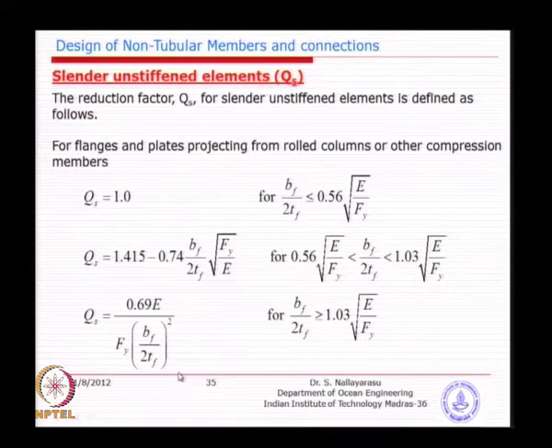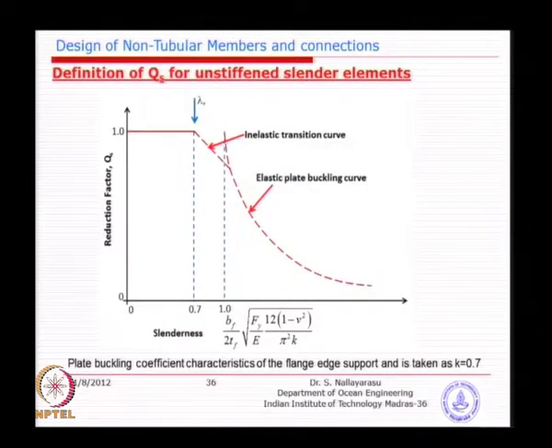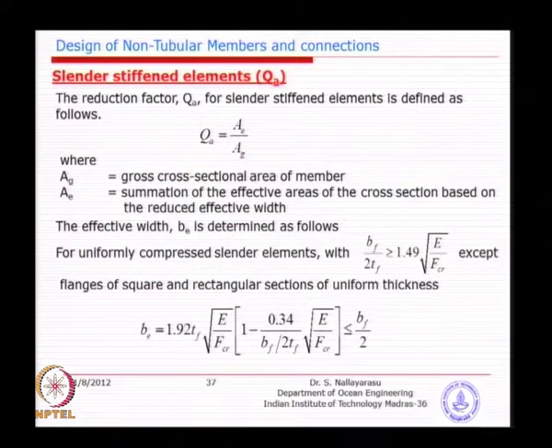Q values have to be calculated whenever you have slender elements, especially the flange, and they are not stiffened, that is, left as such. Similarly, there are slender elements that are stiffened.